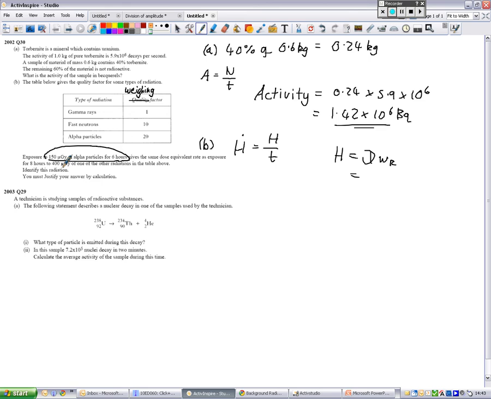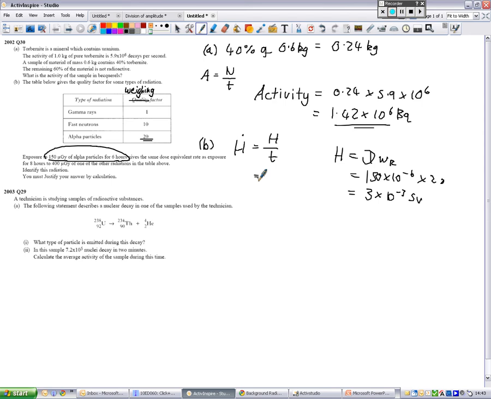So you take the absorbed dose and also the type of radiation that it is. So it's 150 times 10 to the negative 6 multiplied by its alpha particles, so it's 20. We're going to use 20 here. So H gives you 3 times 10 to the negative 3 sieverts, or 3 millisieverts.